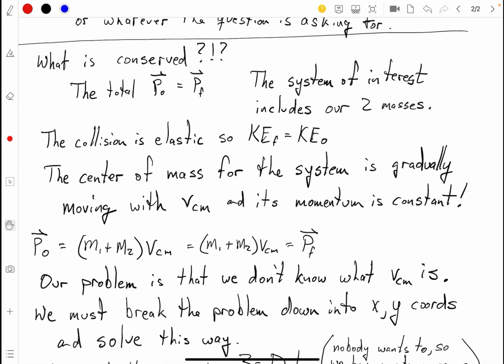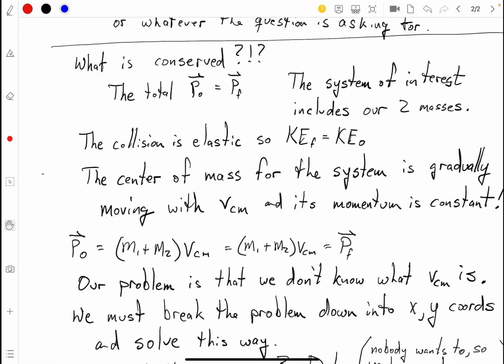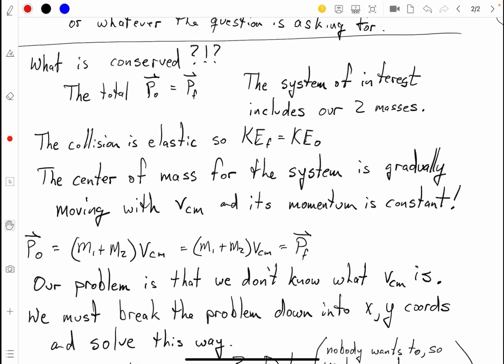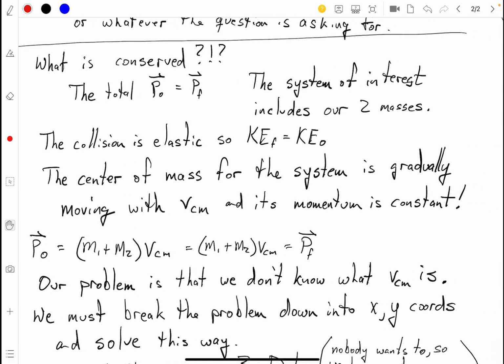So what is actually conserved? Well, it's the total P initial and the P final. Okay, now, in our case above, we have a system of interest, and we're going to say it's 2 masses, but you got to have 2 or more masses to do this. The collision is elastic, and we're saying it's perfectly elastic, so our initial and our final energies are equal.